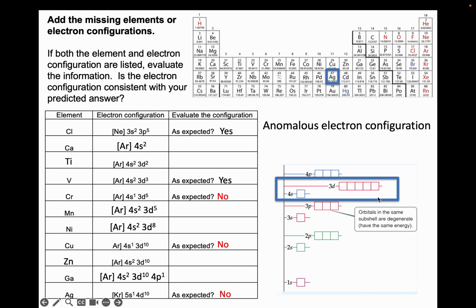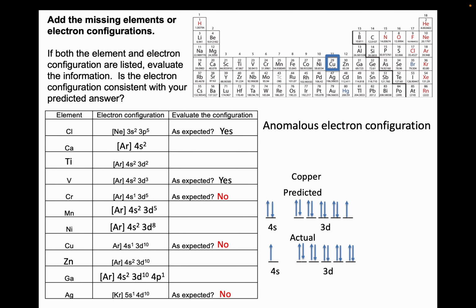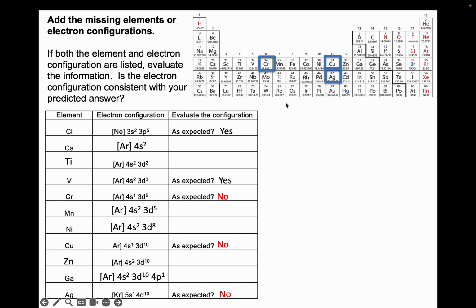It's as if the 4s and the 3d are all on the same energy line. And because of that, we find that there's examples where the lowest energy term is to shift an electron from the s over to the d. The anomalous ones I'd like you to be aware of are these right here: chromium, copper, and silver.